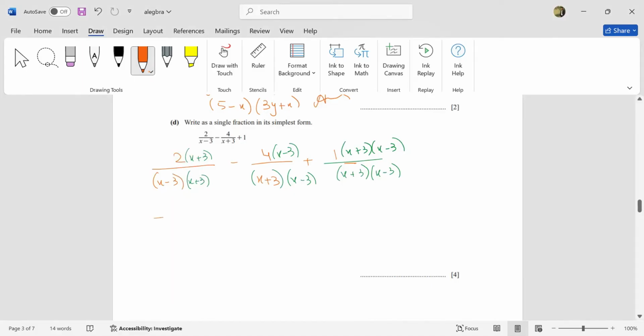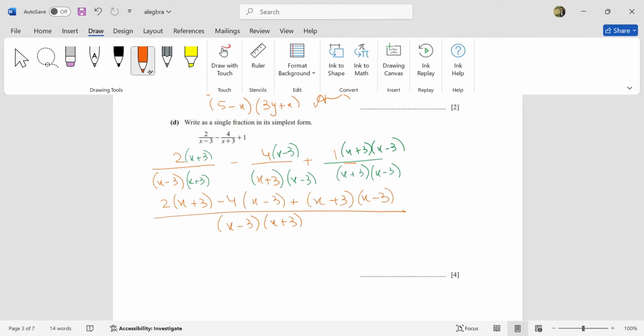Okay, so our same denominator is x minus 3 and x plus 3. First, I'm writing it without opening up and simplifying the bracket multiplication, so that anybody's sign mistake can be kept track of.